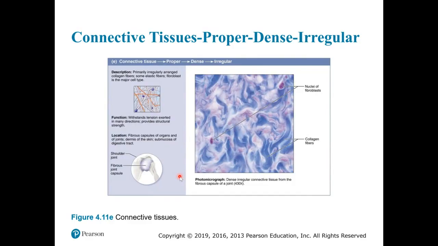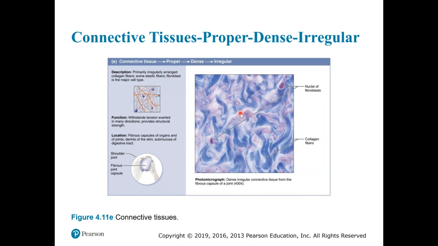And here, this picture doesn't look like much at all. If you want to see something really interesting, Google the clouds of Jupiter, and it looks just like this. So I don't ever put this on any of my lab exams because it just doesn't look like much, but just because it doesn't look like much doesn't mean it's not important. This tissue type is extremely important, and we find it all over the place.